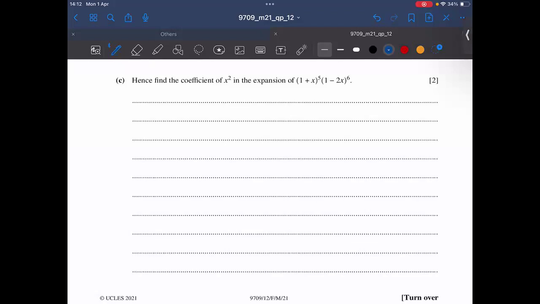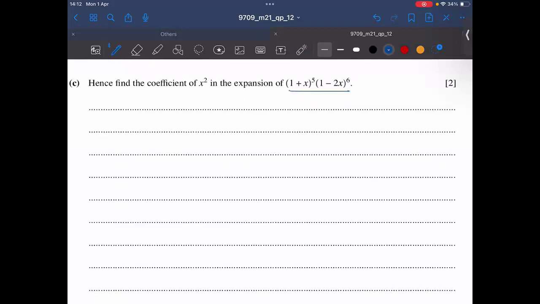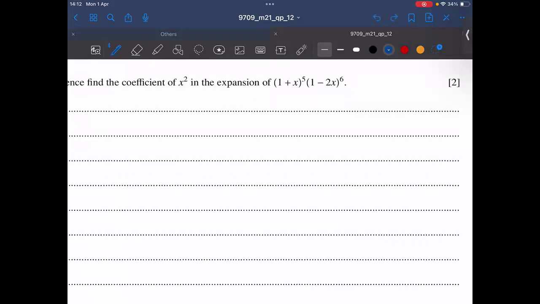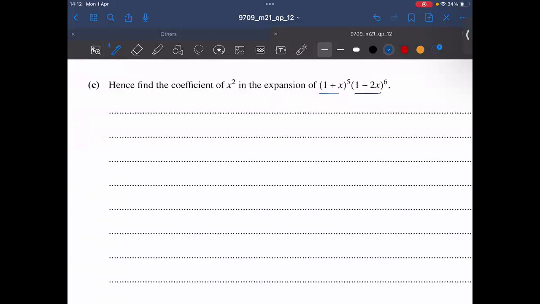Yes. Okay. Now, in C part, Iman, find the coefficient of x square in the expansion of this. We are supposed to find the coefficient of x square when these two brackets are multiplied.